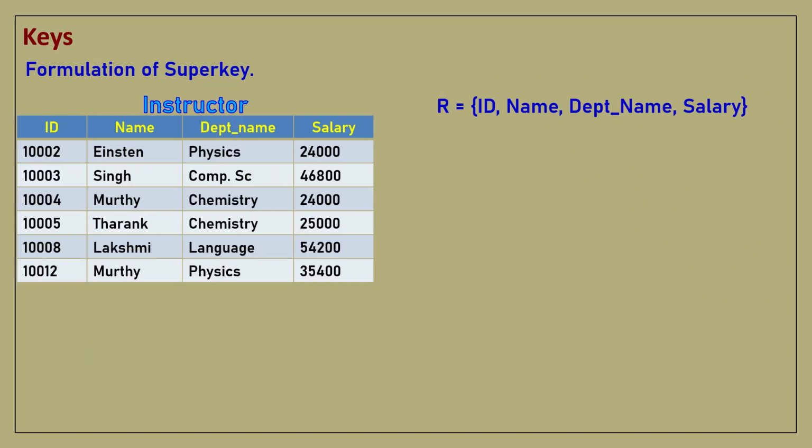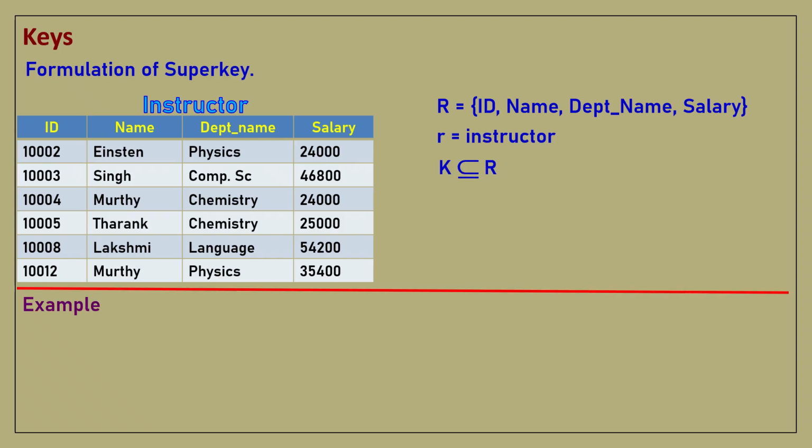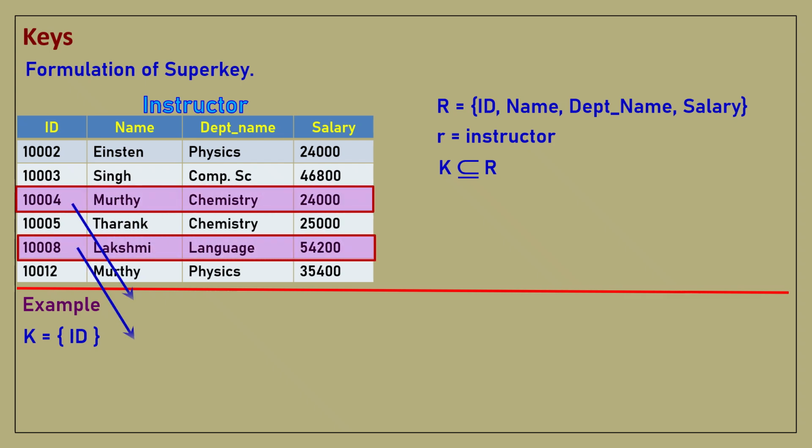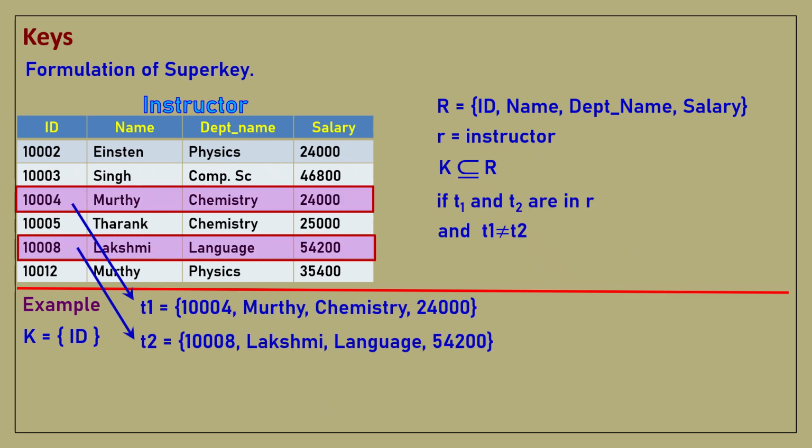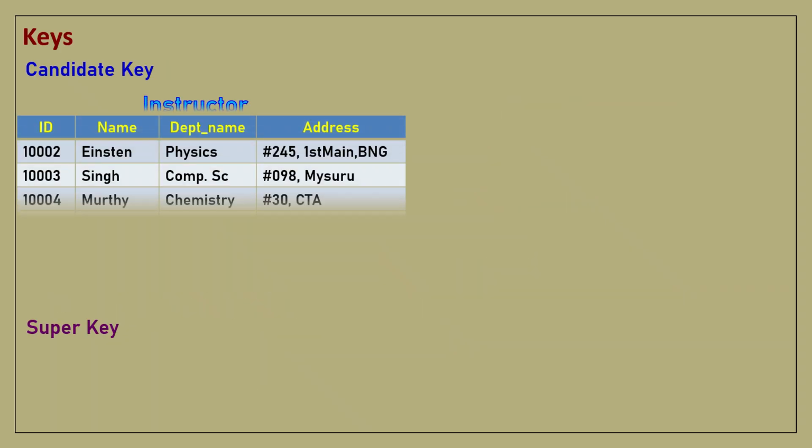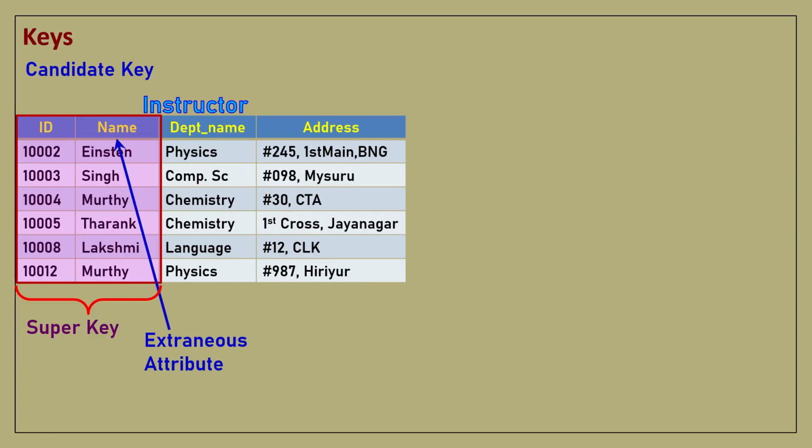Formally, let R denote the set of attributes in the schema of relation R. We say that a subset K of R is a superkey for R if T1 and T2 are in R, and T1 is not equal to T2, then T1.K is not equal to T2.K. A superkey may contain extraneous attributes.